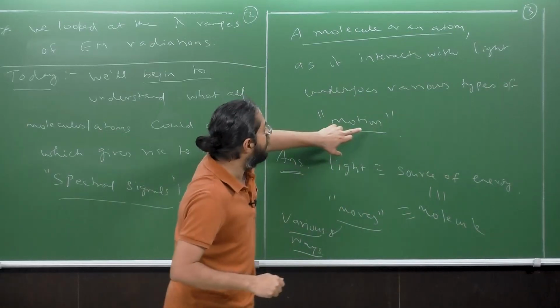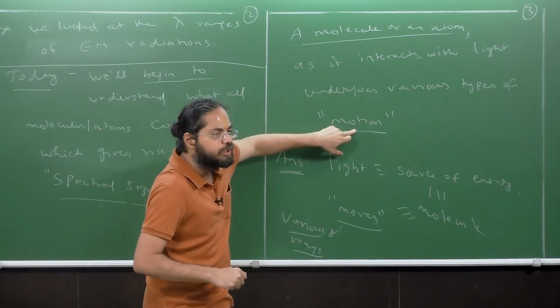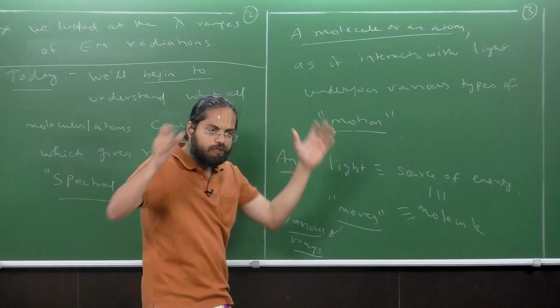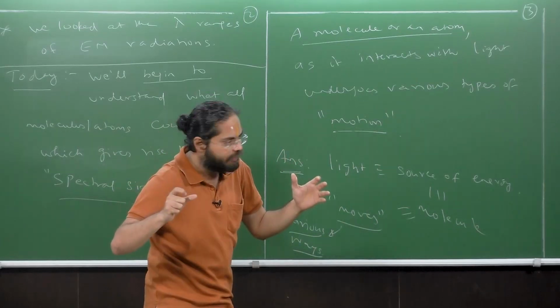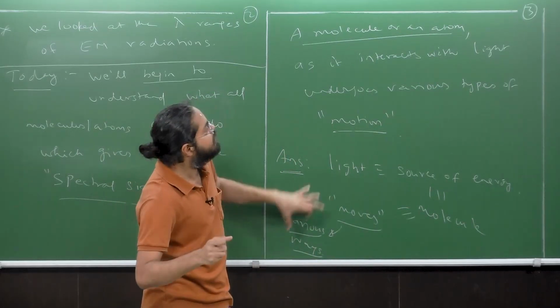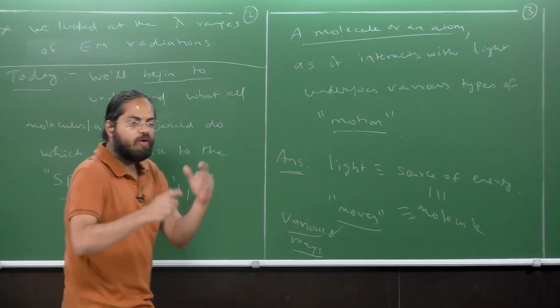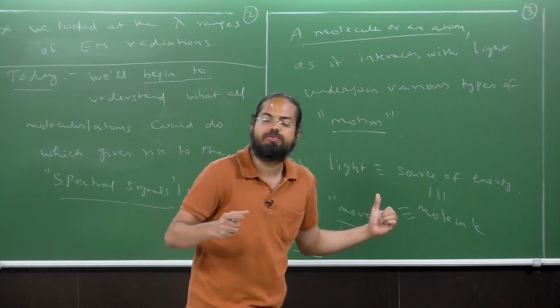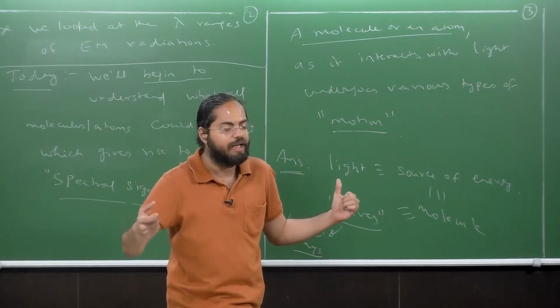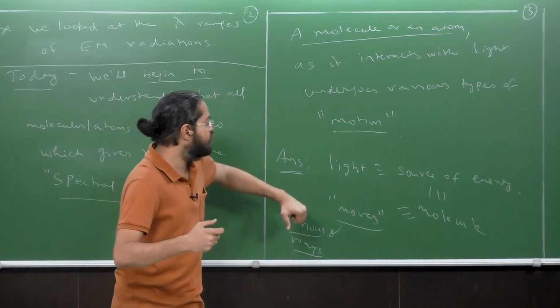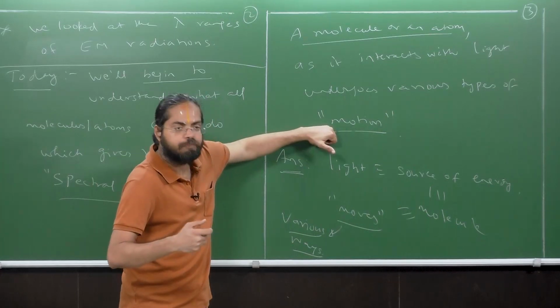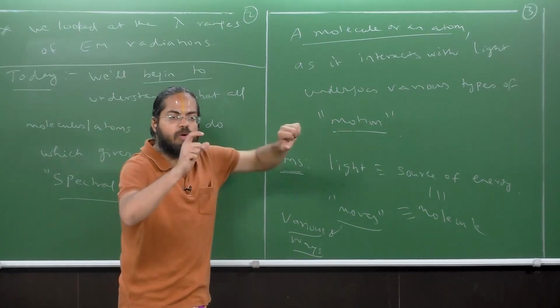I'm talking about all kinds of motion associated with the movement of an atom or a molecule. All of these together result in the spectral signals obtained. So before we proceed to see how the spectral signals are obtained, we shall look at the various modes of motion for any molecule or atom.